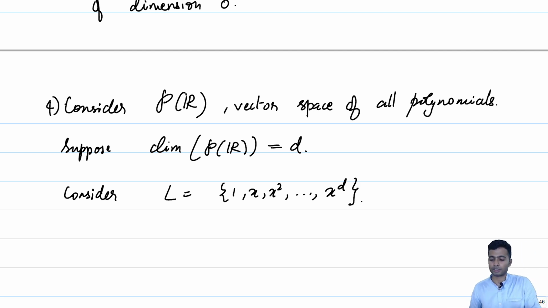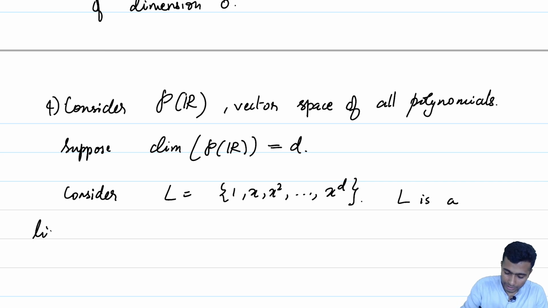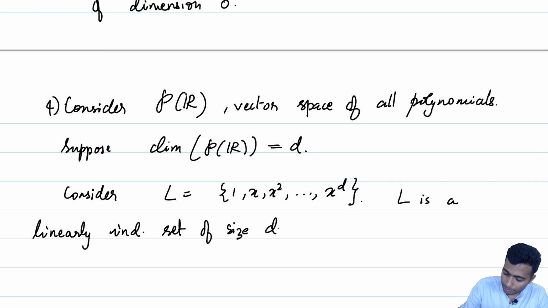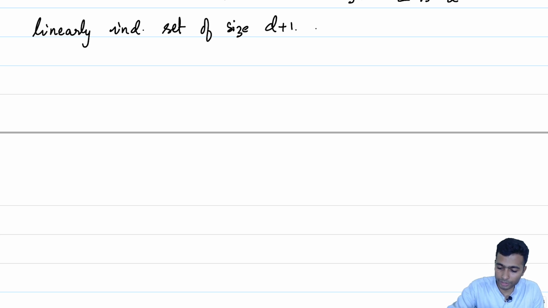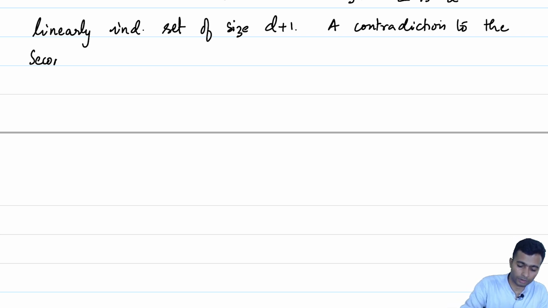By the corollary, the size of L, if it is a linearly independent set, should be less than or equal to D. But L is a linearly independent set of size D plus 1, and therefore, it is a contradiction to the second corollary.